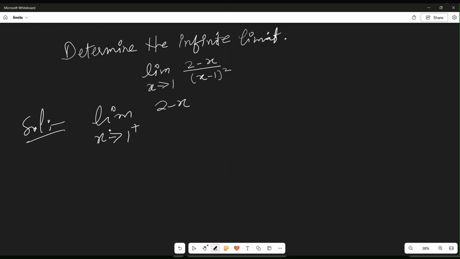First, the limit as x approaches 1 from the right hand side, meaning numbers greater than 1 but not equal to 1, as x is getting closer to 1 from the right. And then the limit as x approaches 1 from the left hand side, meaning numbers less than 1.